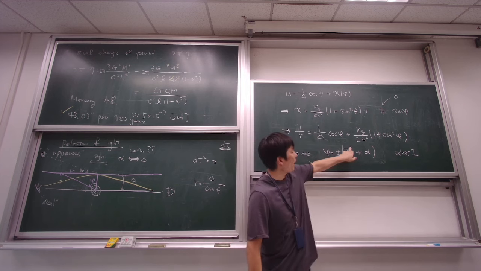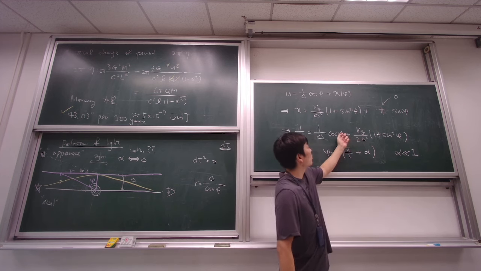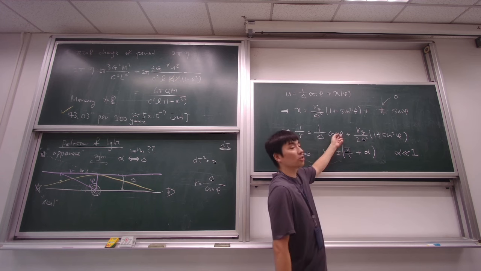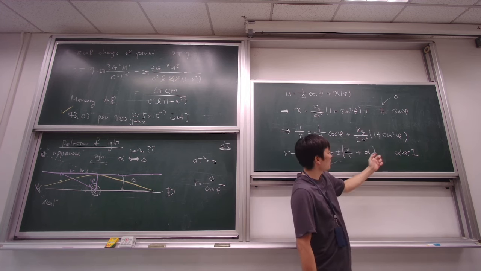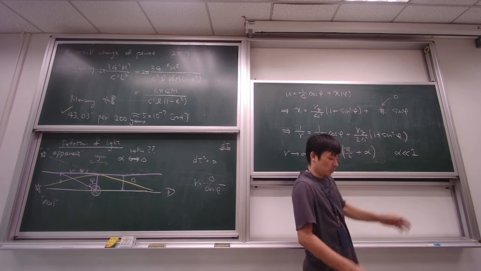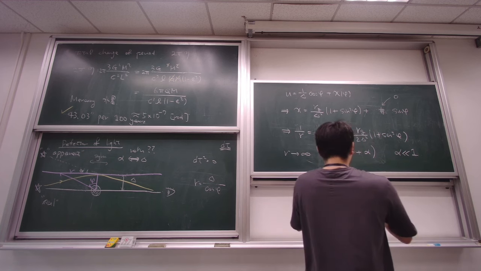And if you plug pi over 2 into the Newtonian equation, cosine pi over 2 is 0, right? So 0 is equal to 0. So it's okay if you ignore this term. But there is some correction because of the second term, and then we can make an estimate for this one.